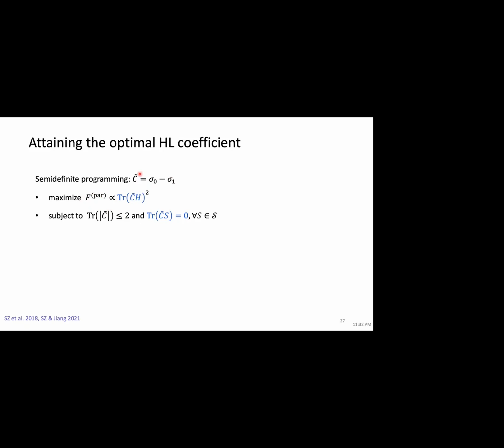And in order to satisfy the error correction criterion, one needs to satisfy the trace of this C tilde times S equal to 0. If this condition is satisfied, that means the error correction condition is also satisfied. That's the error correction condition, and we also want to maximize the signal in this case.